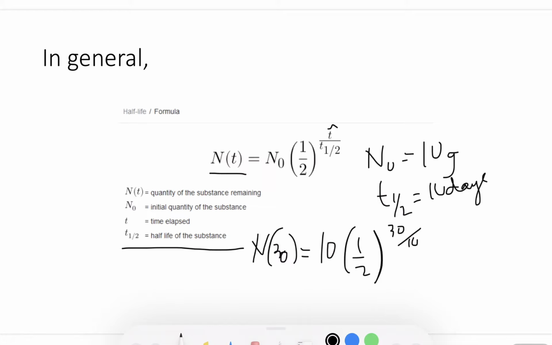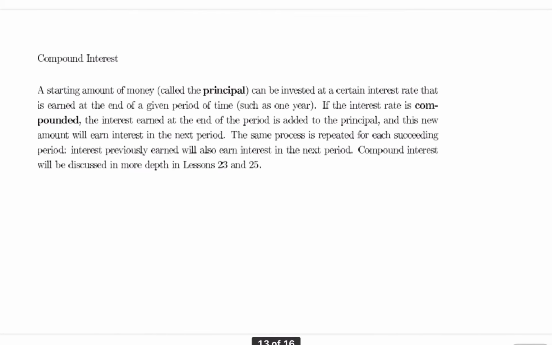So how much is that? Times 10, 1.25. So the same answer, 1.25 grams.